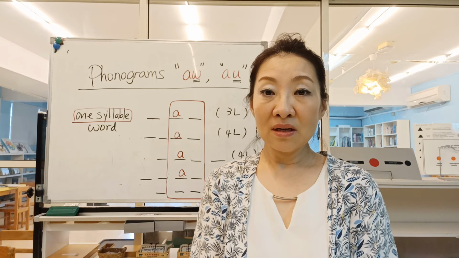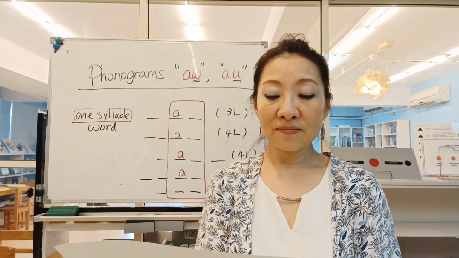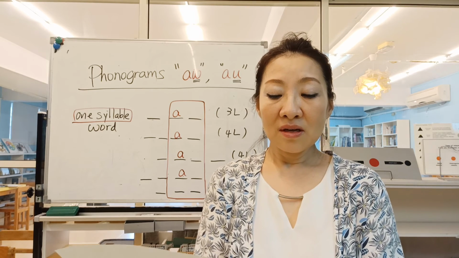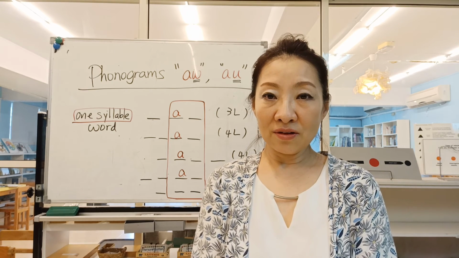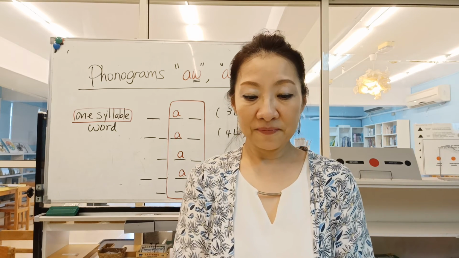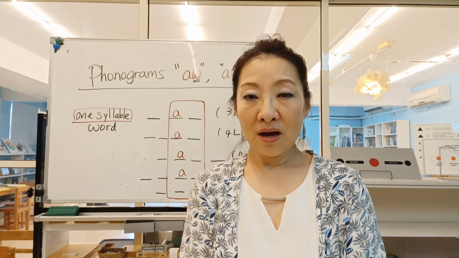From 10 to 15, they are two-syllable words. Number 10, saucer, saucer. It's also a six-letter word. Number 11, author, author, six-letter word. Number 12, autumn, autumn.